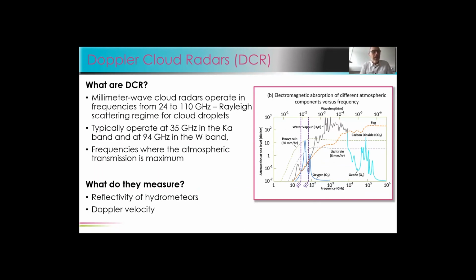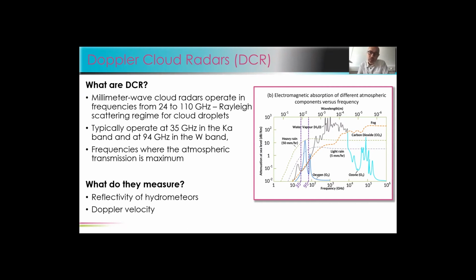They are emitting millimeter waves and getting a signal backscattered from hydrometeors through a Rayleigh scattering regime. And we use principally two frequencies, 35 and 95 gigahertz in the Ka and W band, because those are two frequencies at which the atmospheric transmission is maximum when we consider different gases such as water vapor and oxygen.